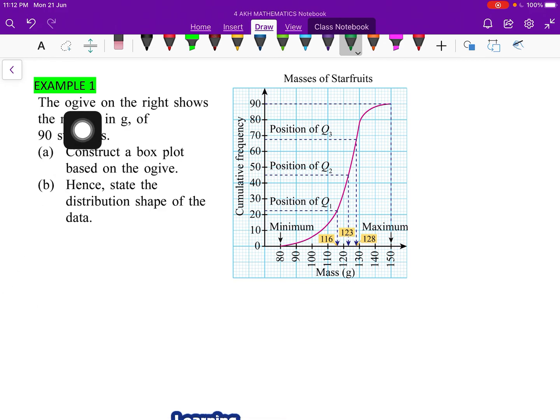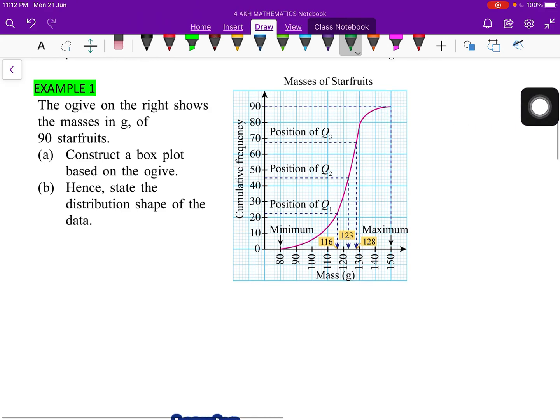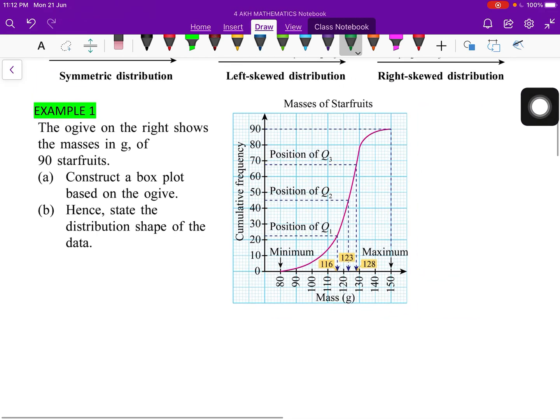Example 1, the ogive on the right shows the masses in grams of 90 star fruits. So, we have masses of star fruits. Okay. So, we have to construct a box plot based on the ogive. So, dalam box plot, there's a few things kita kena identify dahulu. First, adalah our minimum value.